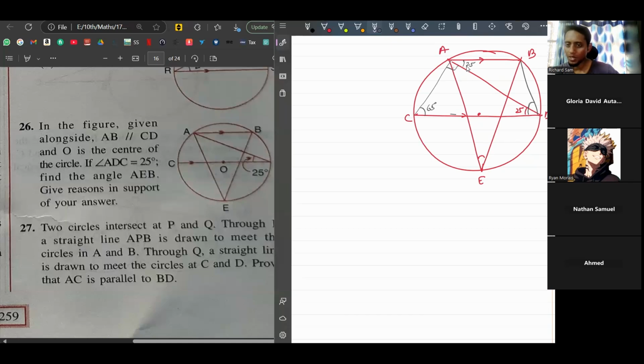That is 90 plus 25 plus 25 plus that missing value x will be 180. So that's how much? 90 plus 50, that's 140. So 180 minus 140 will be x. So that means x is 40 degrees.